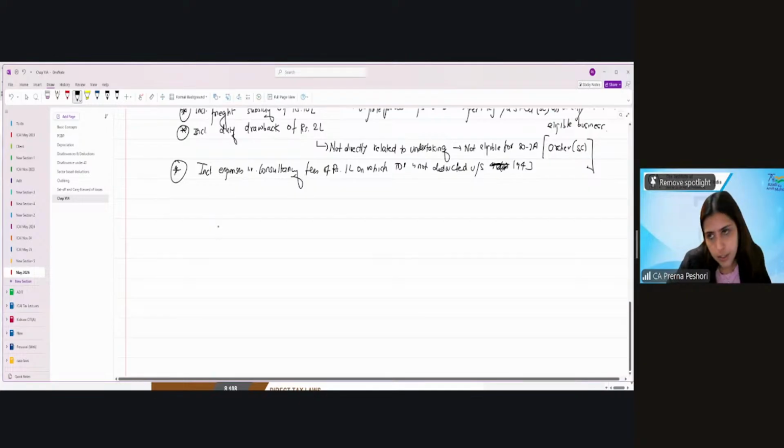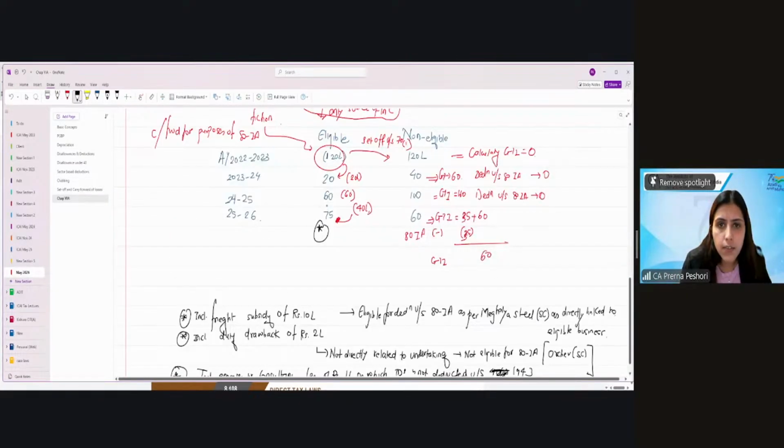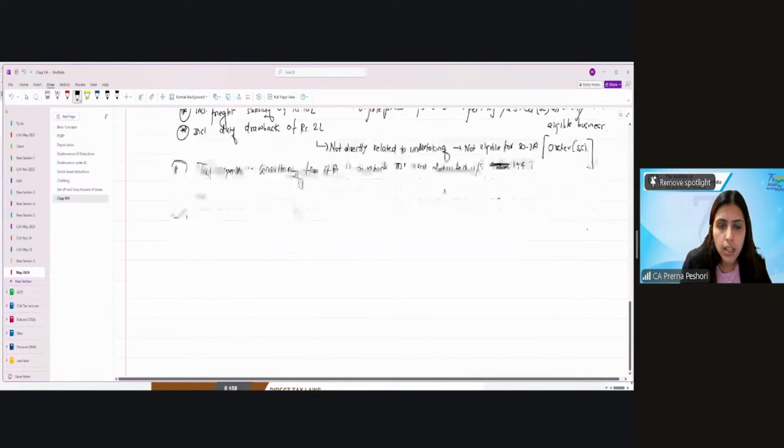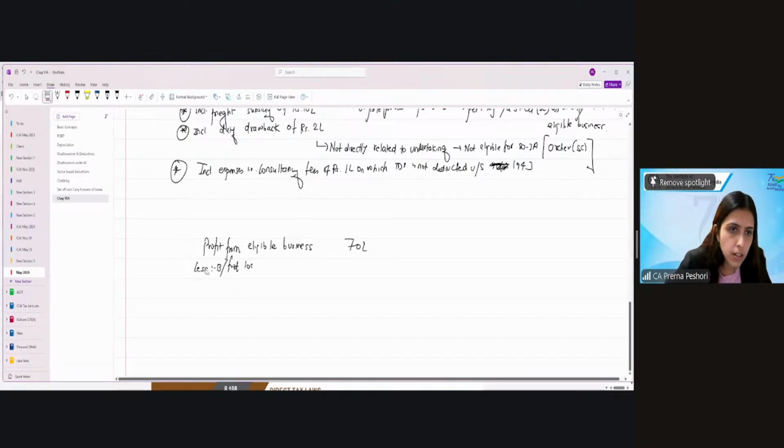How much will be the disallowance? 30%, right? So if I take this 75 lakh now, or rather, I will not consider your loss for the time being.